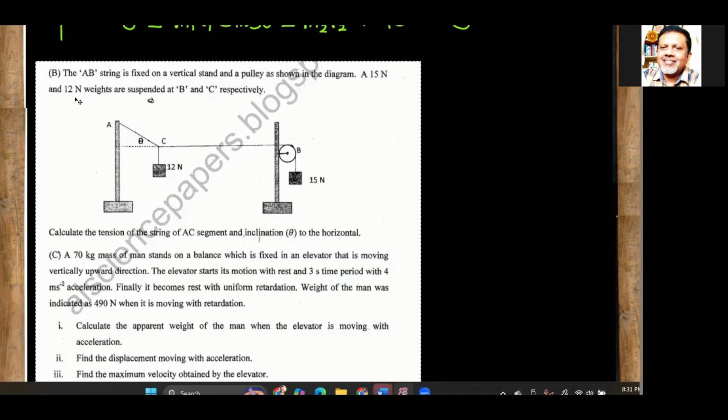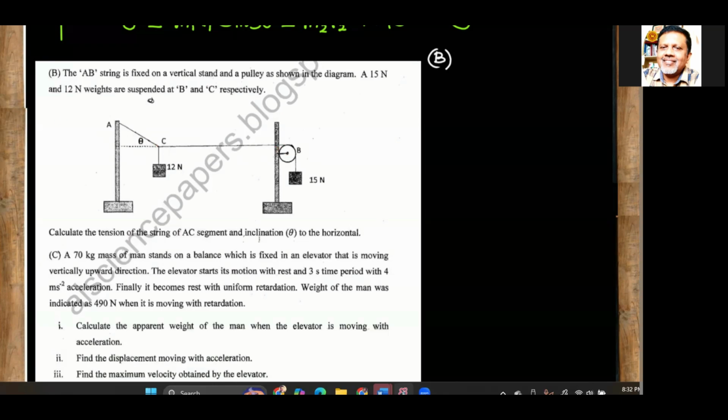Okay. Here we are going to deal with part D of that question. So we have to find the tension of the string of AC segment and the inclination theta to the horizontal. And see, the string capital AB, it seems that the string is a single one and it should be a light string, massless string, right?